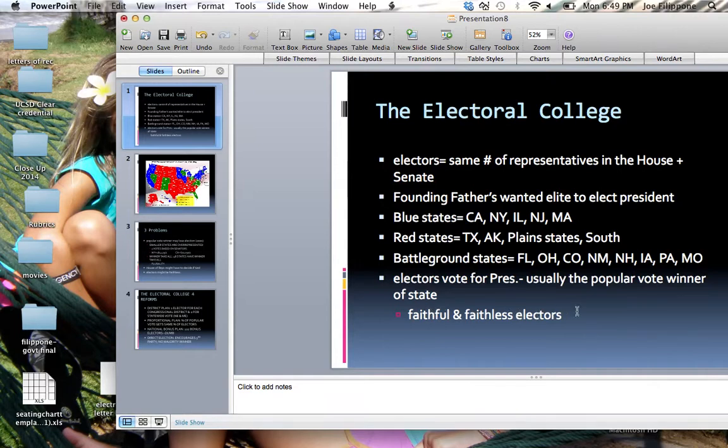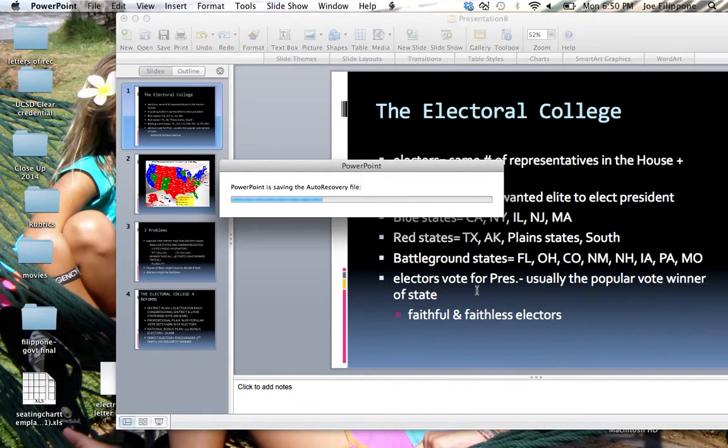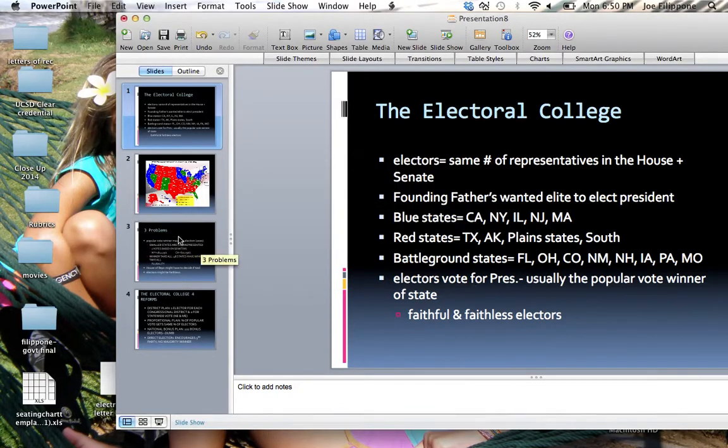It's never really affected an election before anyways, but it's happened a couple times. A lot of states have laws against it. Some states don't, but it's never affected a presidential election. Okay.